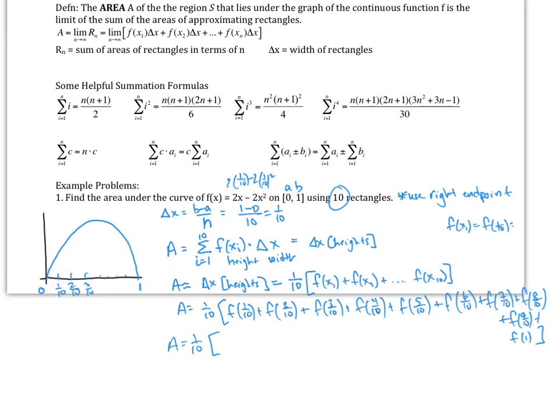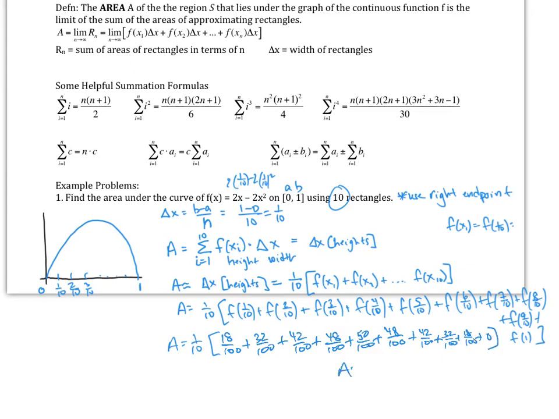And I'm going to do this for every single one of these. And I'll just save you the hassle and tell you what these all end up being. The first one is going to be 18 over 100 plus 32 over 100 plus 42 over 100 plus 48 over 100 plus 50 over 100 plus 48, and you'll see the pattern here because this is parabolic, plus 42 over 100 again, plus 32 over 100 plus the 18 over 100, and then this will be 0 at the end.